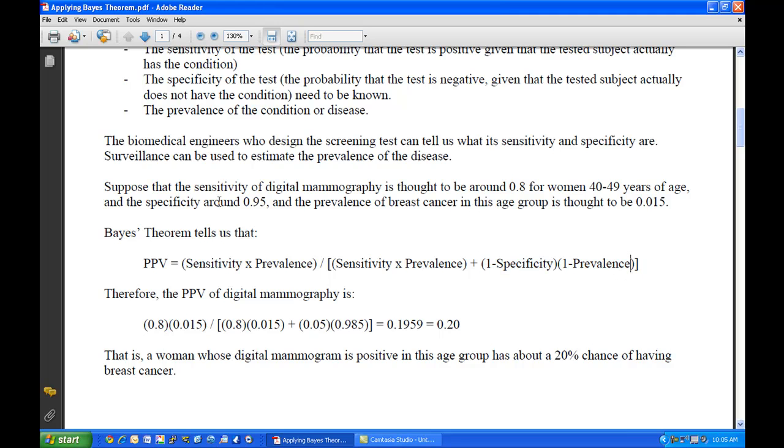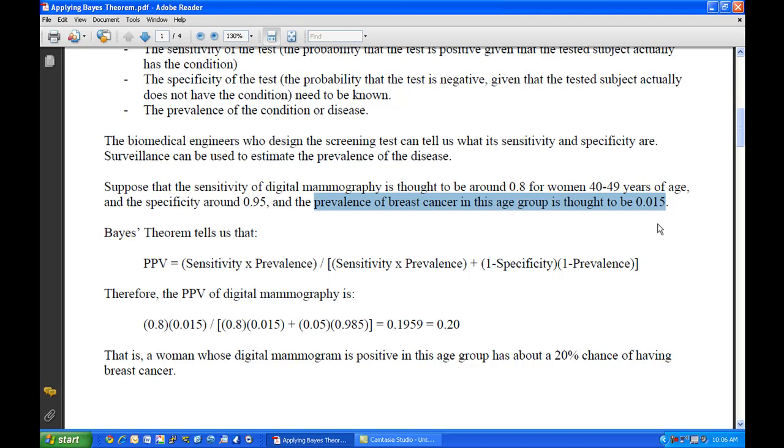Now let's go back to the digital mammography example upon which this document is based. Suppose that the sensitivity of digital mammography for detecting breast cancer is 0.8. And suppose that the specificity of digital mammography is 0.95. And let's suppose that in the population that we're looking at, the prevalence of breast cancer is 0.015.